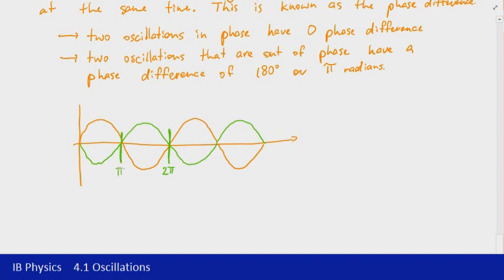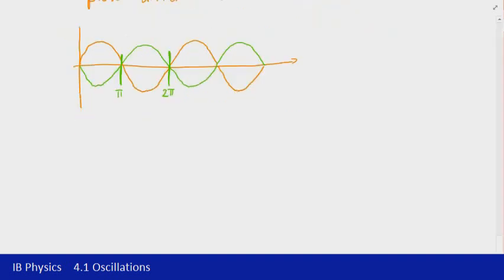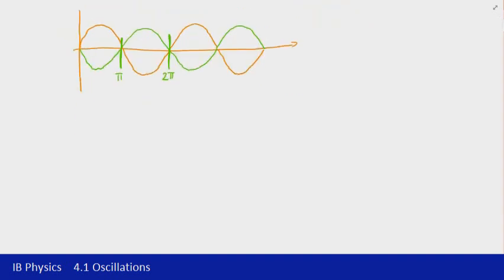Now if we take that green line and shift it entirely pi radians to the right, then it would end up in phase with the orange diagram there. So the phase difference means that it's out of phase by 180 degrees, and so doing opposite things at the same time.